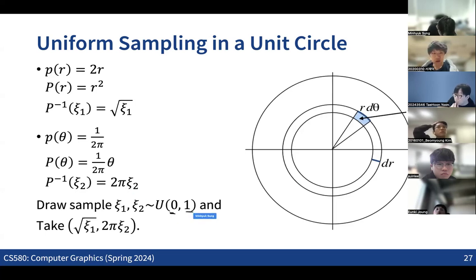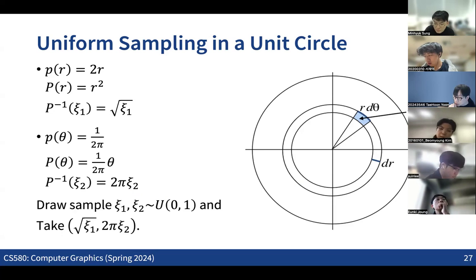Then we take the square root of the first one and 2 pi times the second one as r and theta. So this is a simple way that we can do uniform sampling in the unit circle. Does it make sense?